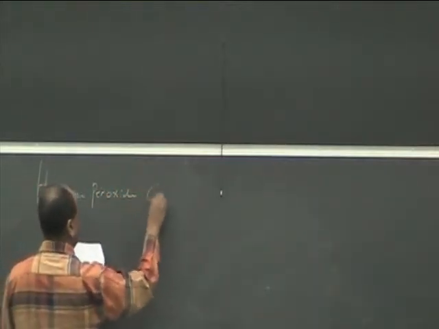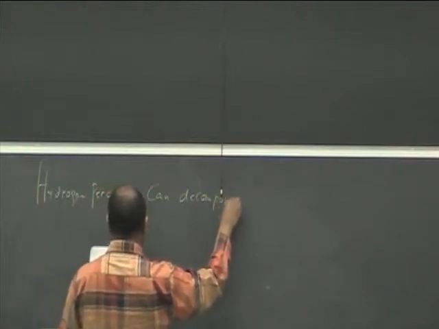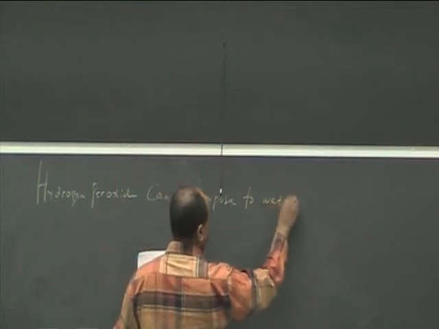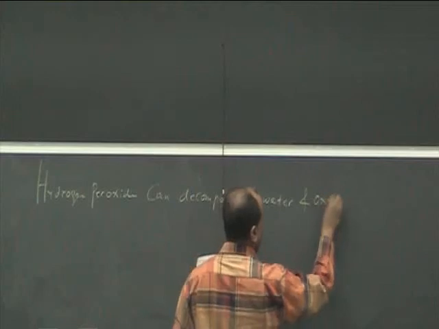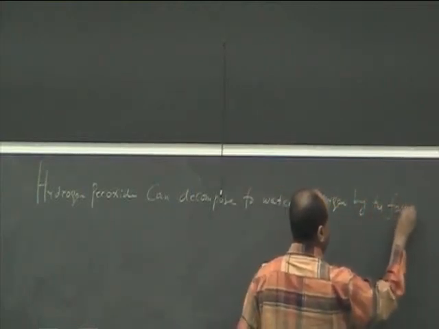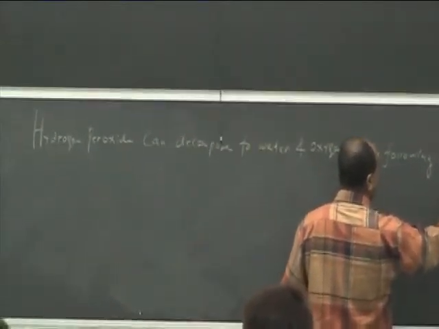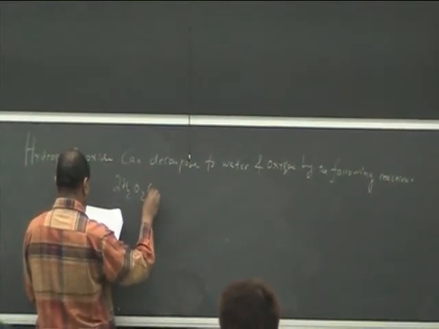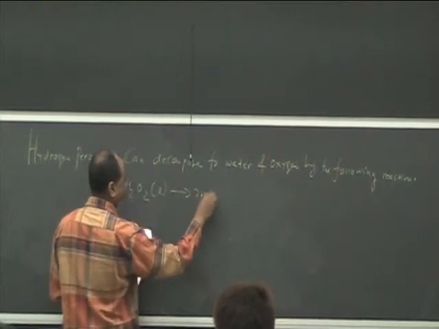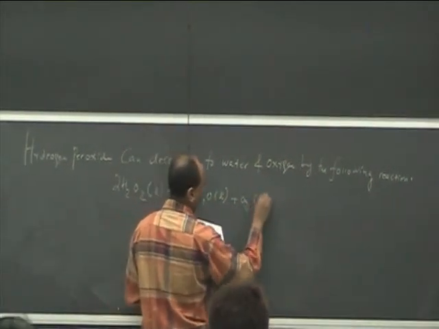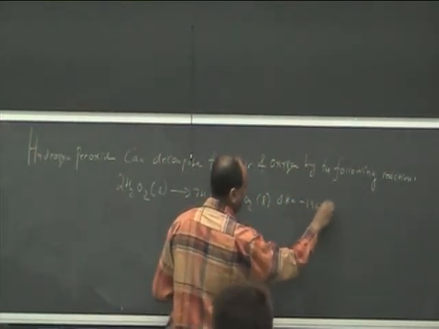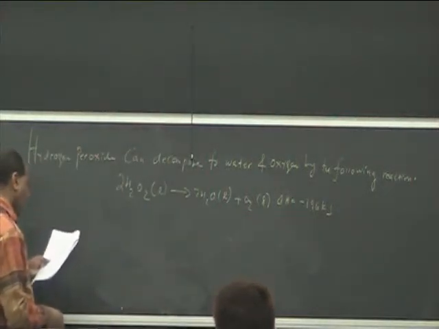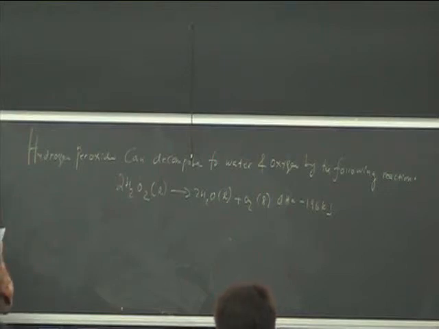The question says that hydrogen peroxide... the value of G. Can you read it from the book first?